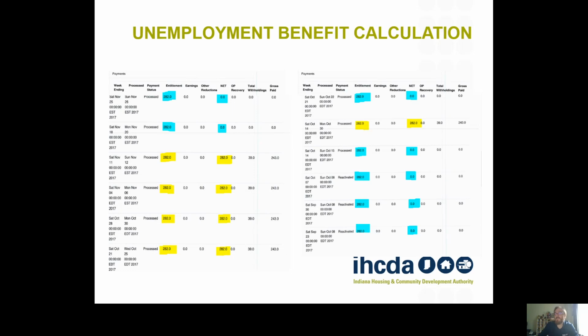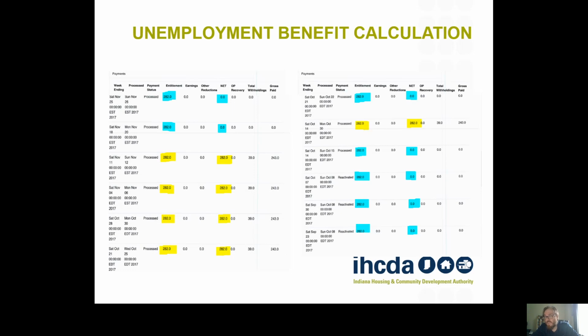The other thing you also want to look at is the process date as opposed to the week ending, because the process date is going to be when they actually received that money. So you notice, for instance, if you look all the way on the right at the bottom, that very first one there, the benefit for the week ending September 23rd was not paid out until October 8th.